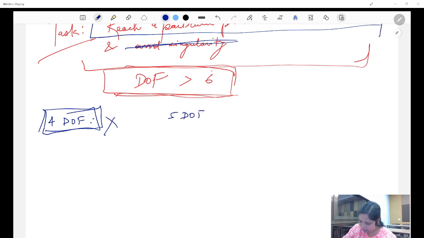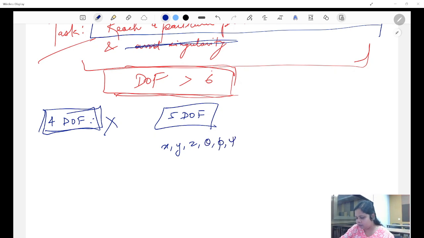Similarly, 5 DOF is insufficient for full control in 3D space, so it is again non-redundant. You have to achieve X, Y, Z, theta, phi, and psi. 5 degrees of freedom is anyway less, so it is not redundant. 4 degrees of freedom is anyway less, so it is non-redundant.